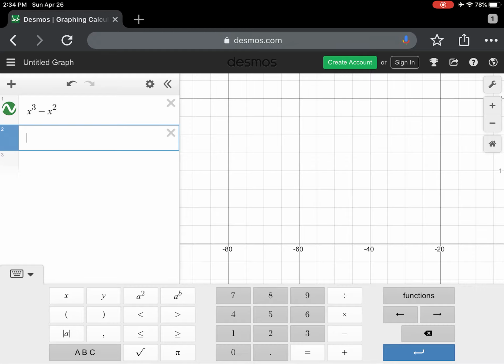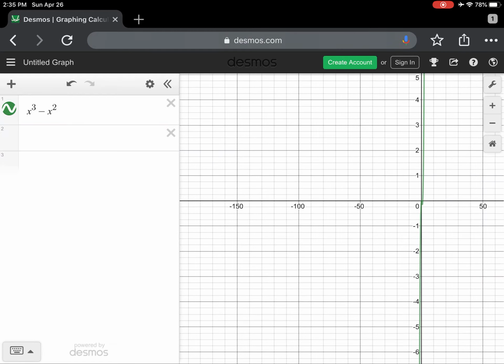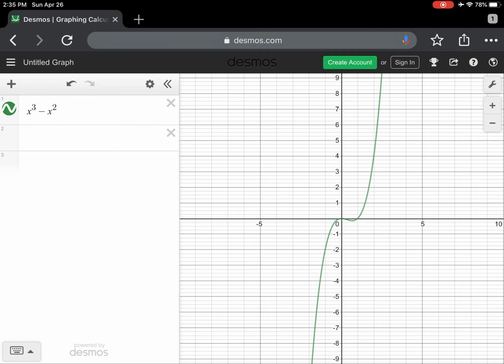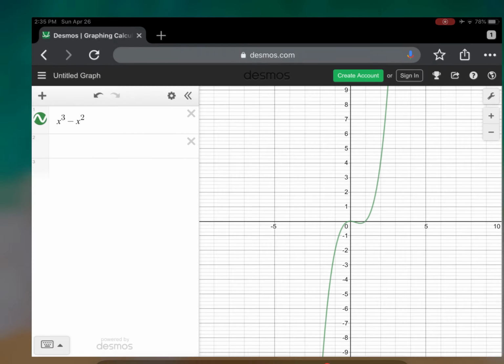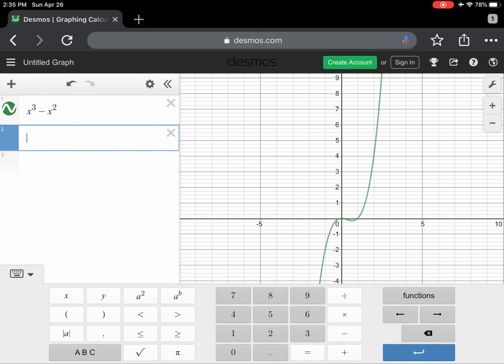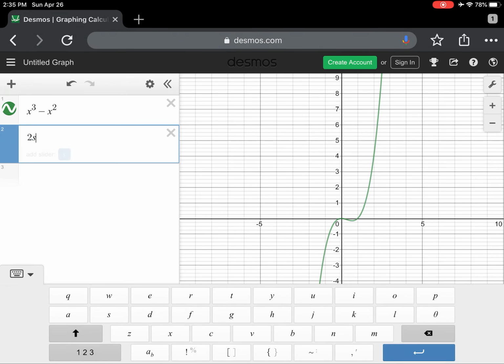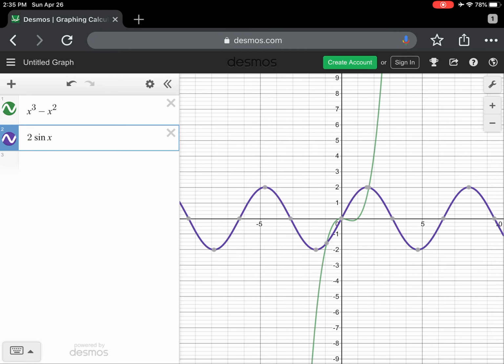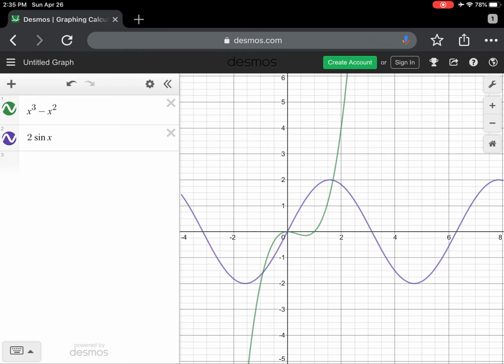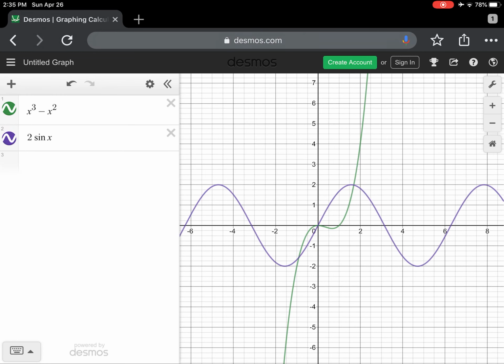And I think the other one was 2 sine x. Yeah. Okay, so 2 sine x, and this is what I like about Desmos too. You just type in sine, it'll recognize it. Okay, so we can kind of see from here, I guess, that because of the nature of the green graph there's only going to be a couple places where there are answers.